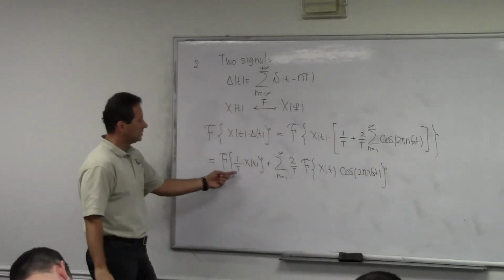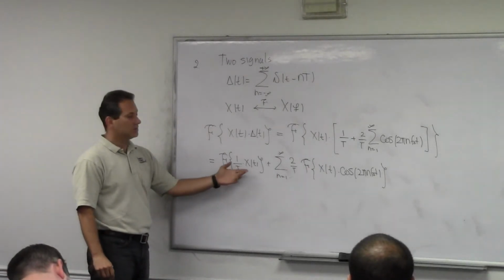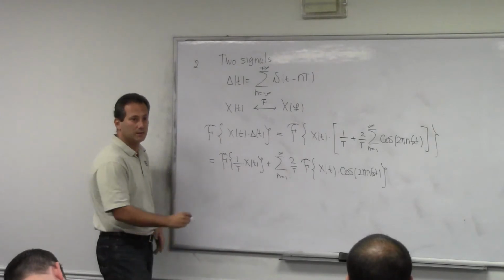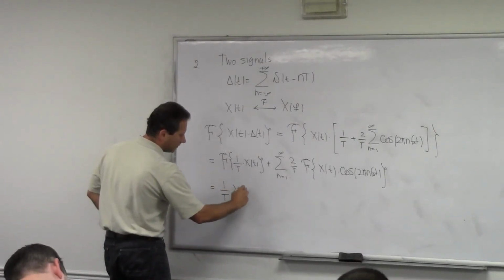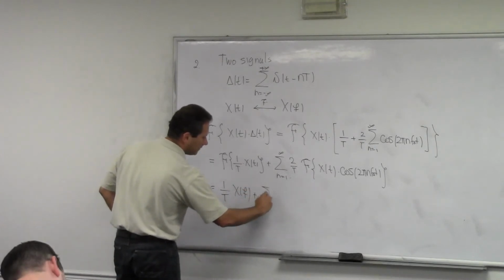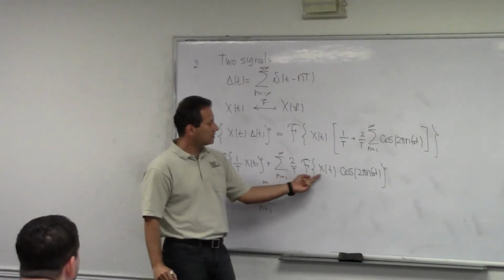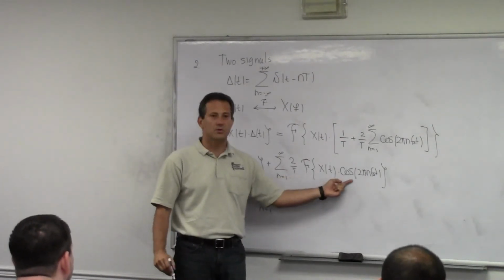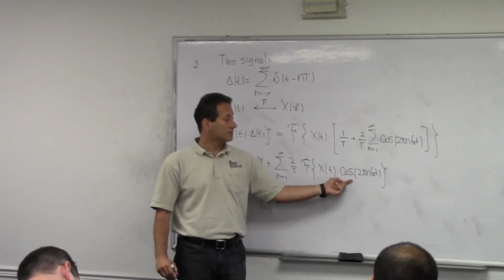Now, the first one is easy, right? Because the constant comes outside, and this is just 1 over t times x of f. Then plus the sum, when n goes from 1 to infinity. Now, what is the Fourier transform of x of t times cosine? We use the modulation property of the Fourier transform.